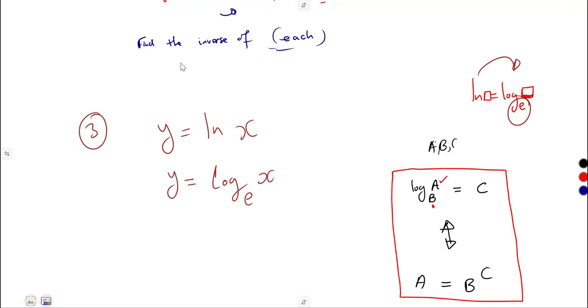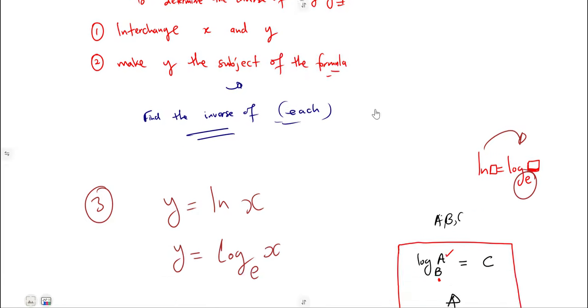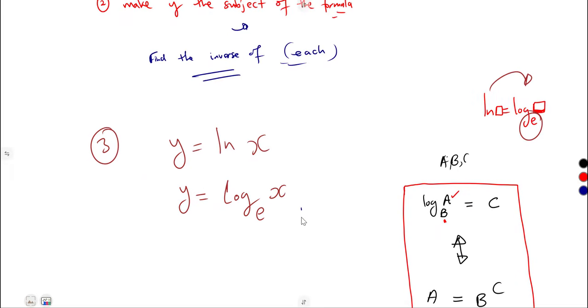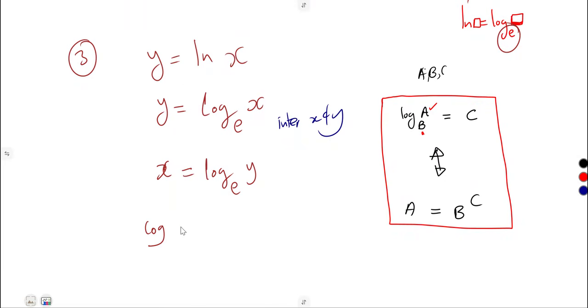So now let us find the inverse. We are back to those steps. What are the steps? Interchange x and y. So if we interchange our x and y, what are we going to have? X is now equal to the logarithm of y in base of e. So this can be used, the conversion from a log to an exponential form. Like I said, you can write in the way that you understand: log y base e is equal to x.